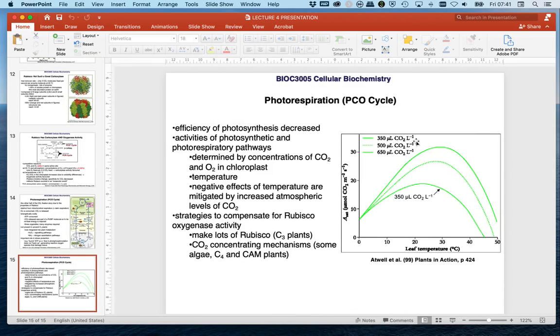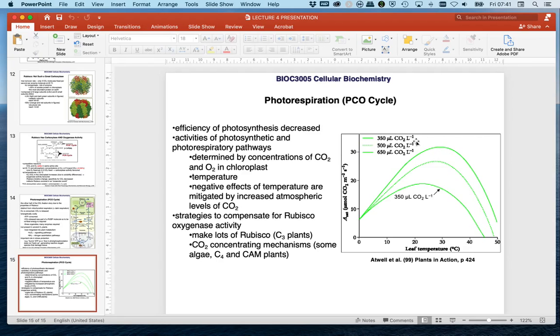So the efficiency of photosynthesis definitely decreases when plants are photorespiring, okay, when the photorespiration pathway is working. There's no doubt that photosynthesis cannot be working at full capacity because they are competitive reactions, so the efficiency of photosynthesis is decreased.